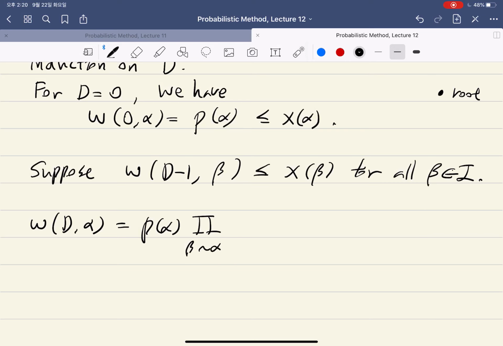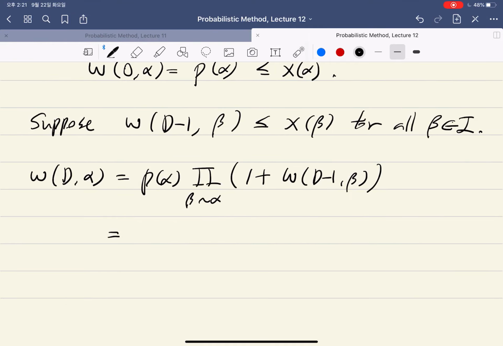We take all the beta which is related to alpha, and we multiply this number, and by our induction, this is at most 1 plus x of beta.